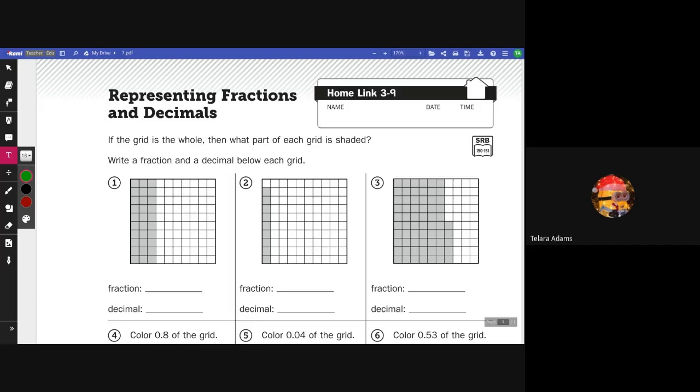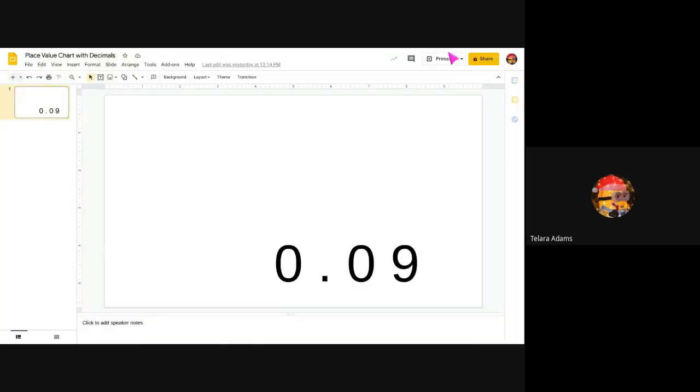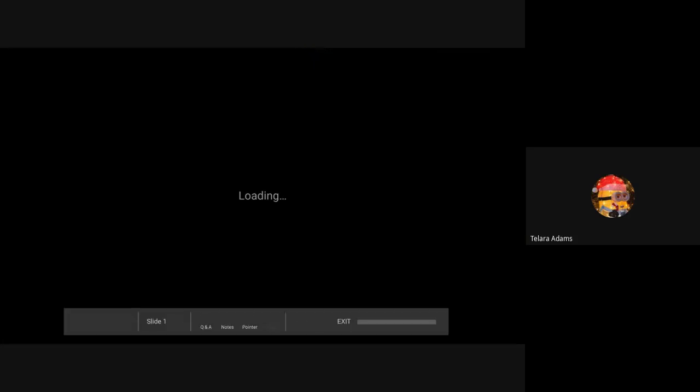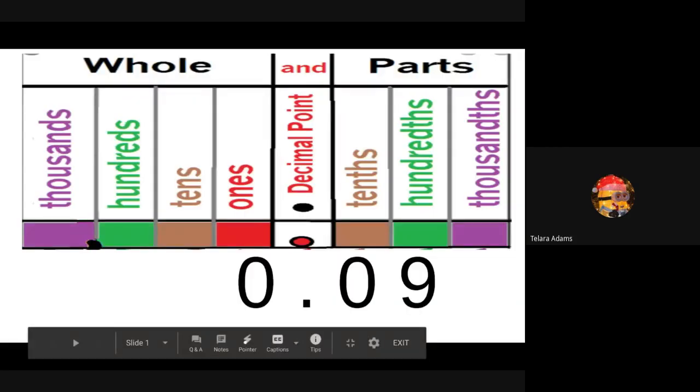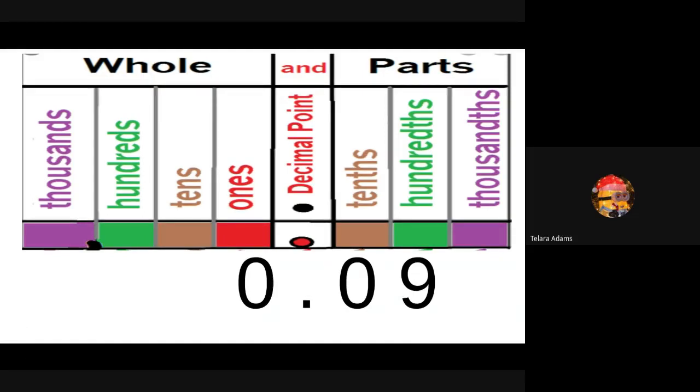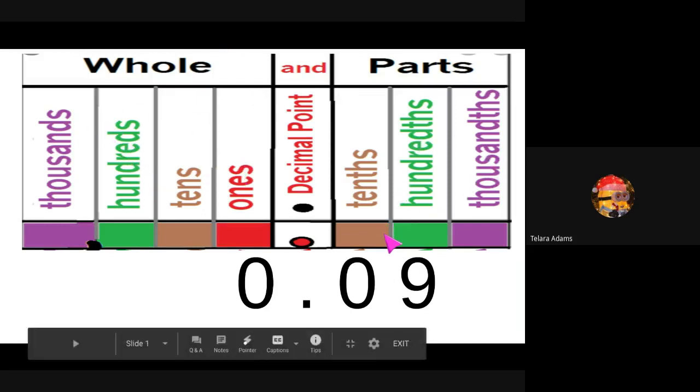And just to remind you what that looks like, this is our place value chart with decimals, whole side on the left and then parts on the right. Make sure that you have this handy because it will help us to read the decimals that we write.